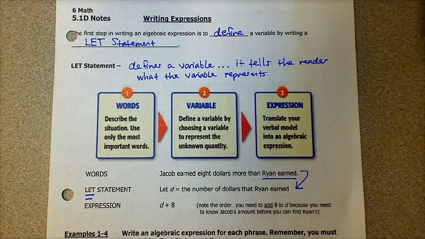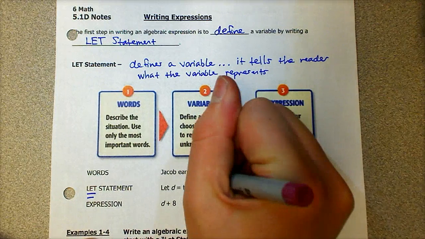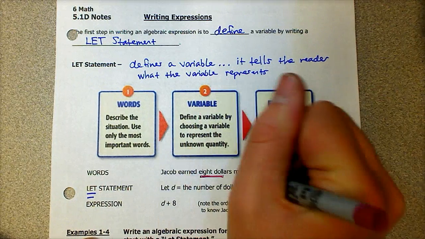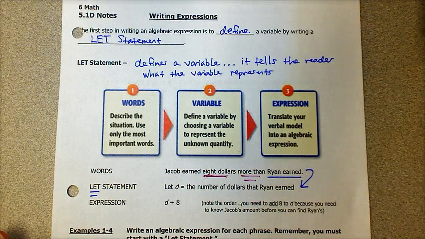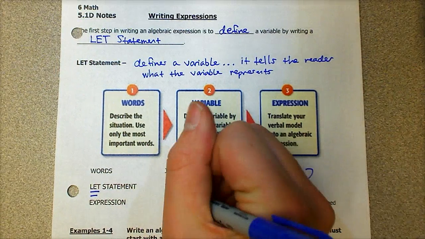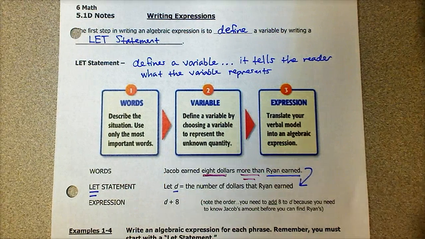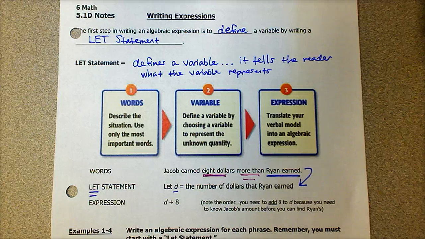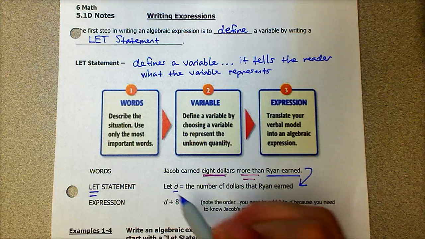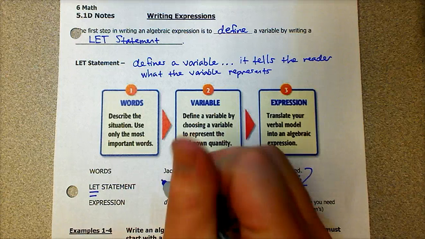So it says Jacob earned $8 more than Ryan earned. Because now I have this variable defined for how much Ryan earned, D dollars, I know that Jacob earned D plus $8 more than Ryan earned. So this is how I write an algebraic expression for a word situation.